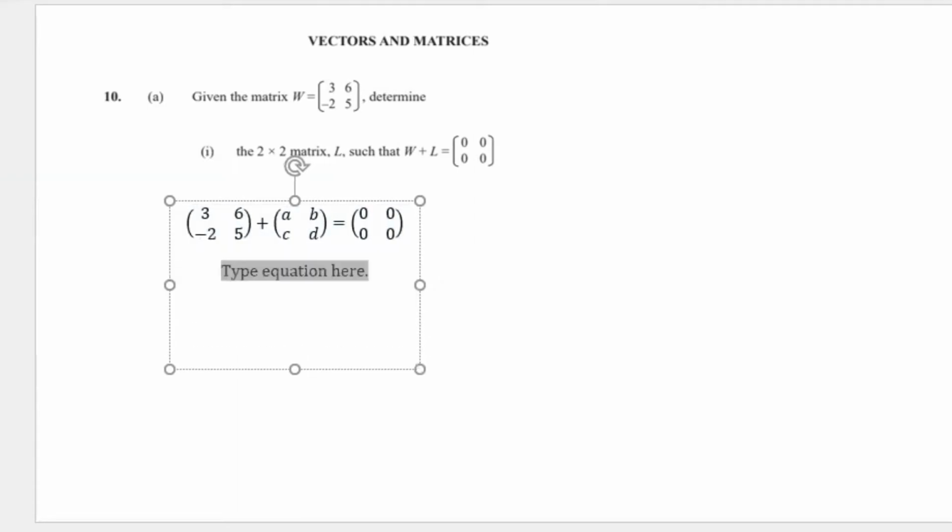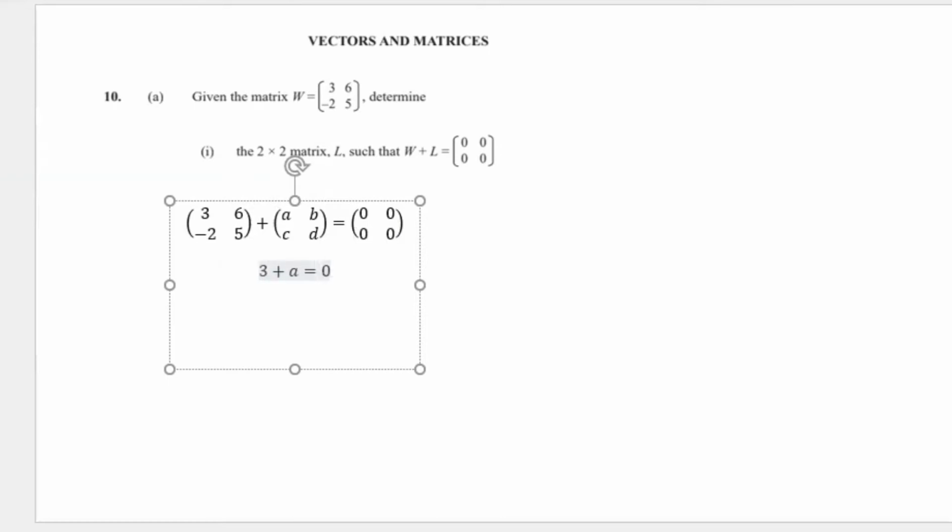So that's what you're doing when you're adding matrices. So we'll have 3 plus the unknown, which is in the same position, being equal to the result, which is in the same position. So we'll have 3 plus A is equal to 0.